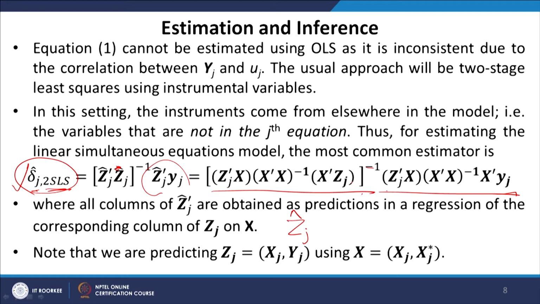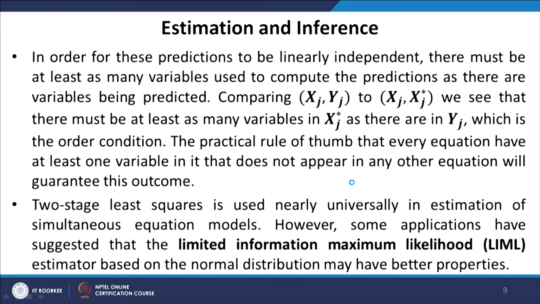Note that we are predicting zj equals (xj, yj) using x equals (xj, xj star). In order for the predictions to be linearly independent, there must be at least as many variables used to compute the predictions as there are variables being predicted.